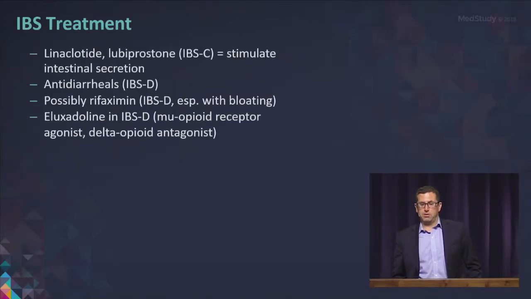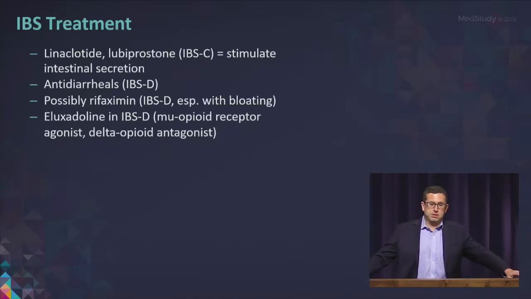Linaclotide, lubiprostone, these are used in IBS-C because they stimulate intestinal secretion. Antidiarrheals would be used for IBS-D. And then rifaximin is an interesting drug that could be helpful specifically for IBS-D if the patients have bloating.